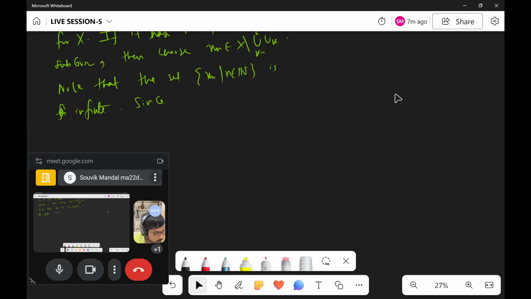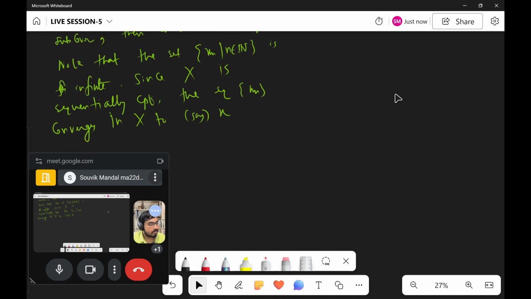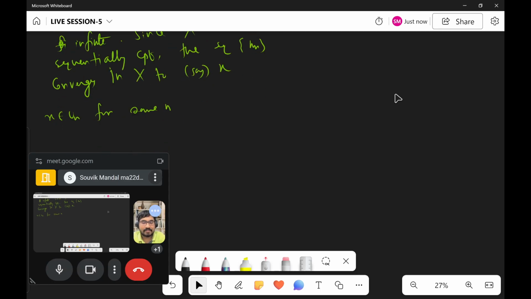Since X is sequentially compact, the sequence xn converges in X, to say x. Then x belongs to Un for some n.